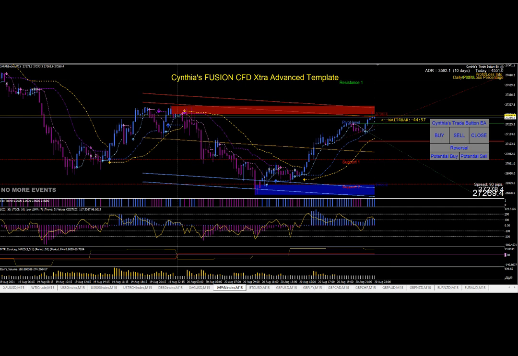I've created 5 complete profiles, and when you buy the Xtra advanced system, you get the CFD profiles and the currency profiles, and in the trade button you also get the currency and the CFD set files. But if you only buy the advanced or the basic system, you do not get anything related to CFDs.